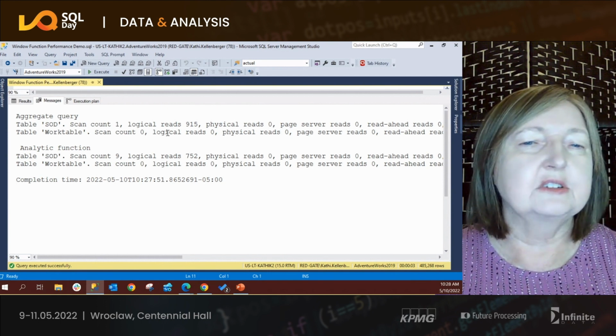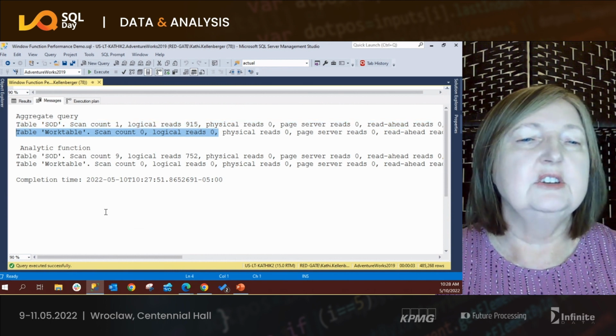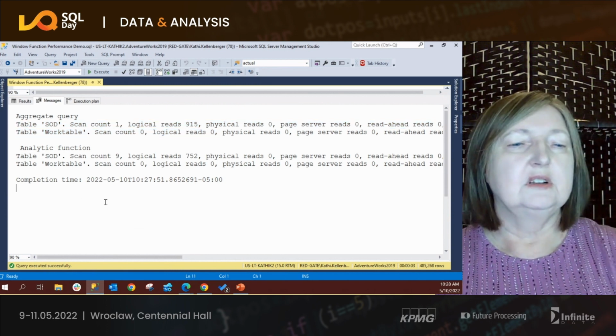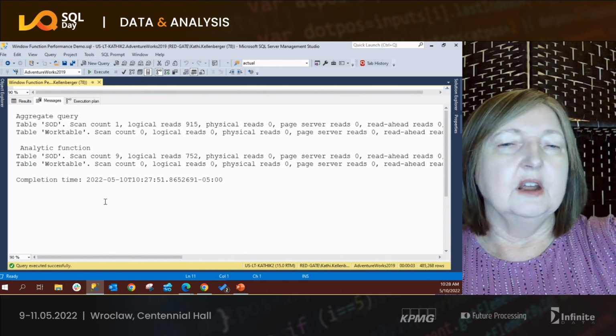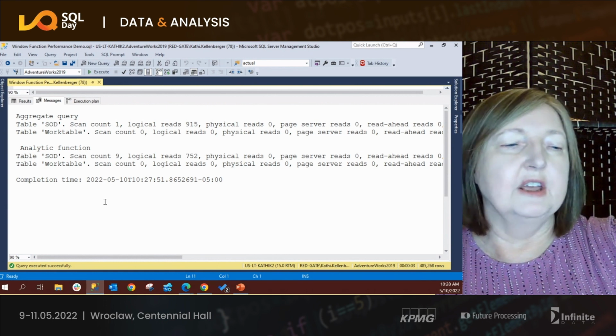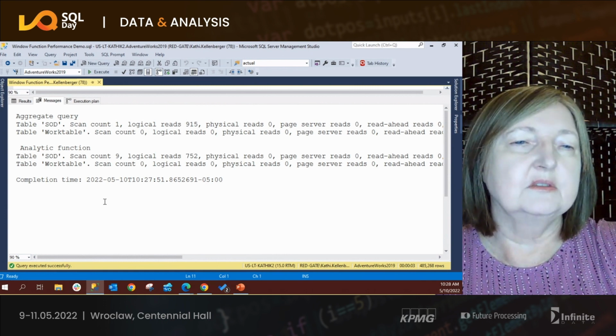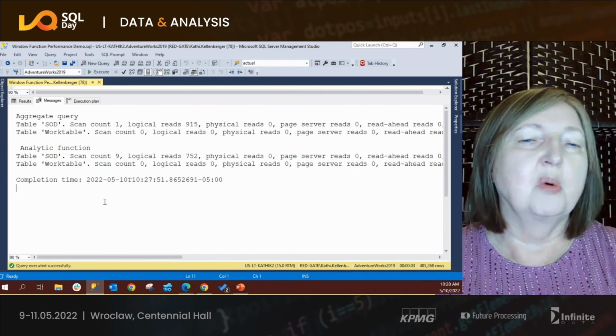Notice that I was able to get the work table to now show up in memory instead of tempdb. This is a very, very important difference.